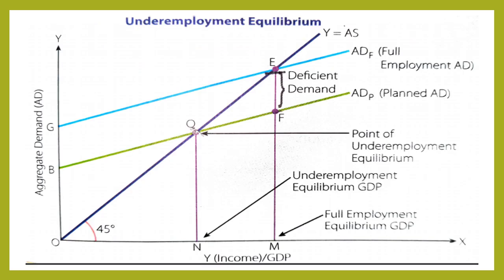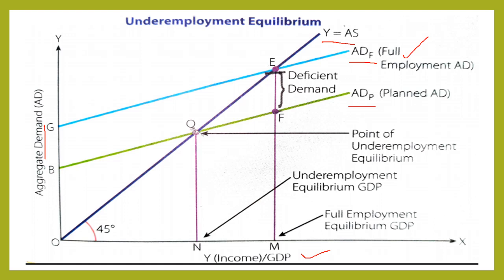Now see, aggregate demand is shown on the y-axis, income is shown on the x-axis. This line shows Y equal to AS, income equal to aggregate supply. ADF shows aggregate demand along with fuller utilization of resources, that is full employment, and this is ADP, that is planned aggregate demand without fuller utilization of resources.